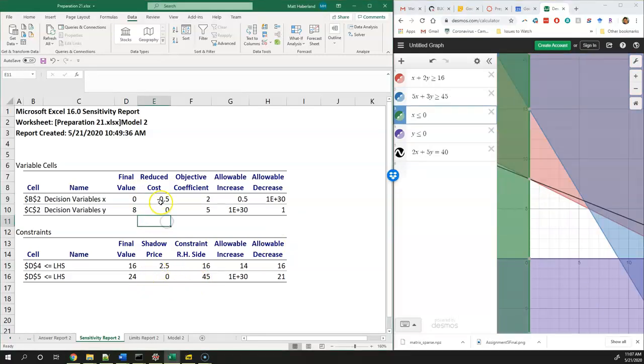And so let's get back to reduced cost. This says the reduced cost on decision variable x is negative 0.5. That's basically the same as the shadow price on the non-negativity constraints. We calculated the shadow prices on the red and the blue constraints. Now the shadow price on the green constraint is the shadow price on the non-negativity constraint on the x variable.